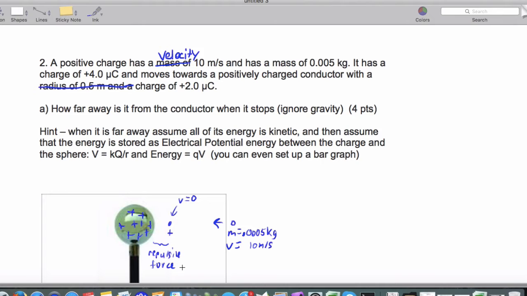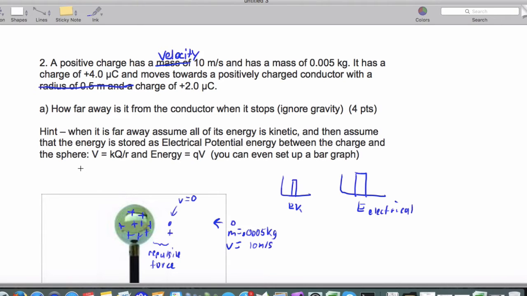So what we're going to do is use energy considerations because that's the hint we're given. What's happening in this problem is that we have kinetic energy being entirely converted into electrical energy. We're going to set up that formula for electrical energy. It turns out this is a very specific type of electrical energy, the energy put out by a sphere.